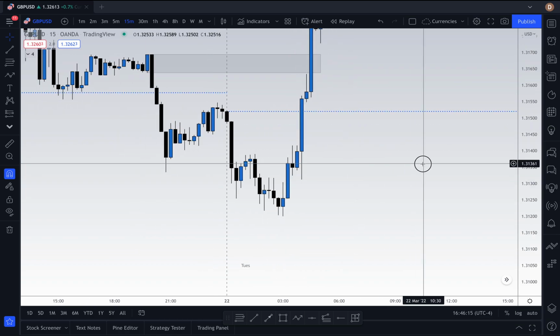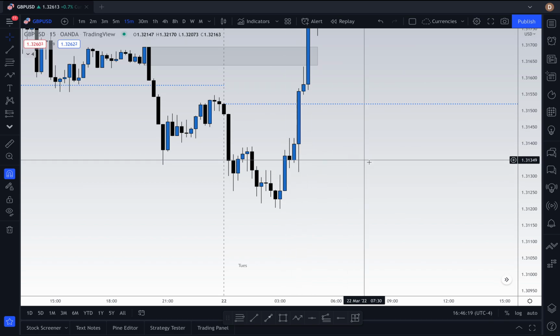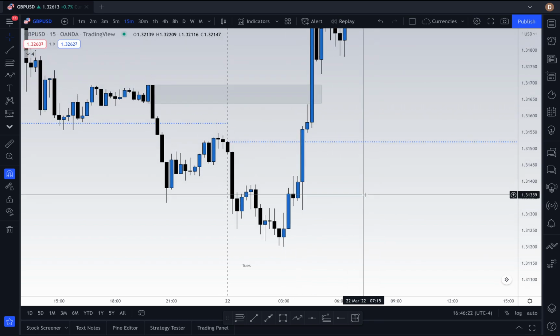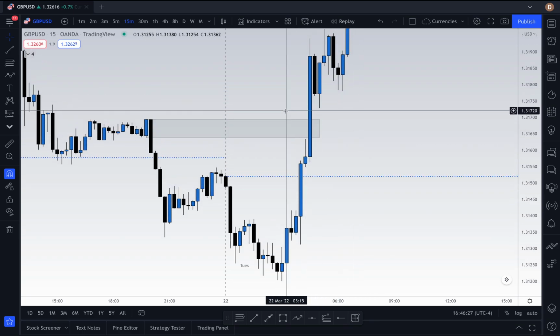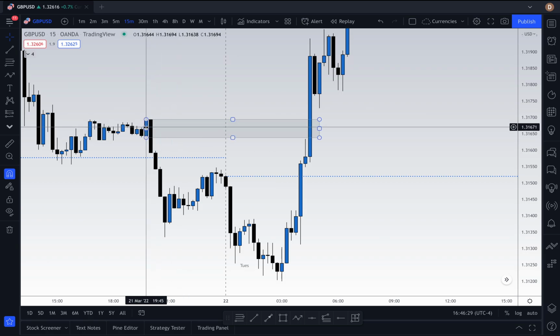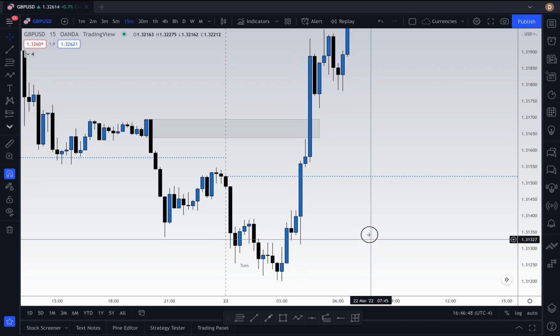So from my vantage point, I'm already coming to the market around London, and I'm seeing that this low has been created. My thinking already is I'm not even looking to this order block, right? Especially if I've built the story. I know the macroeconomics behind what's going on for the day. I'm already privy to what's going on in the marketplace, and I'm already having a bullish bias, right?